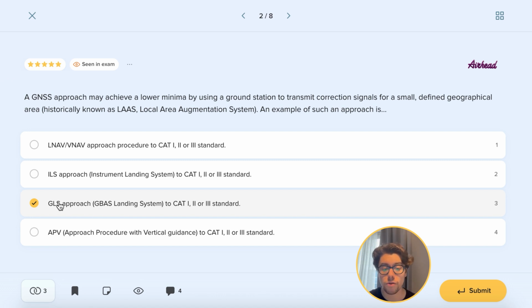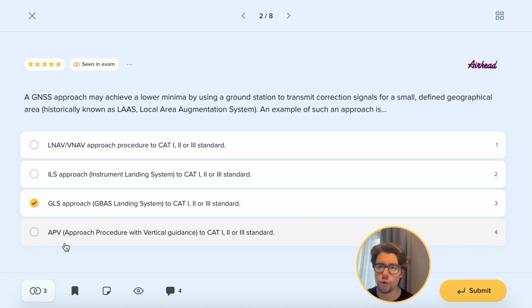Lastly, APV is not really a type of an approach. This is a classification. So of course, in ICAO Annex 6, you can read all about the precision, non-precision approaches. However, EASA, because these annexes are not often updated, has decided to differentiate the approaches in a bit different way.